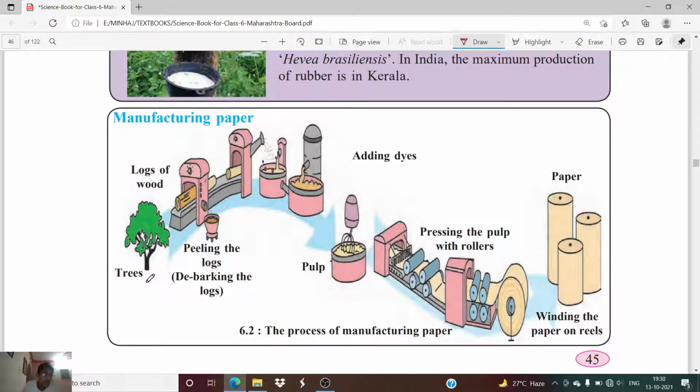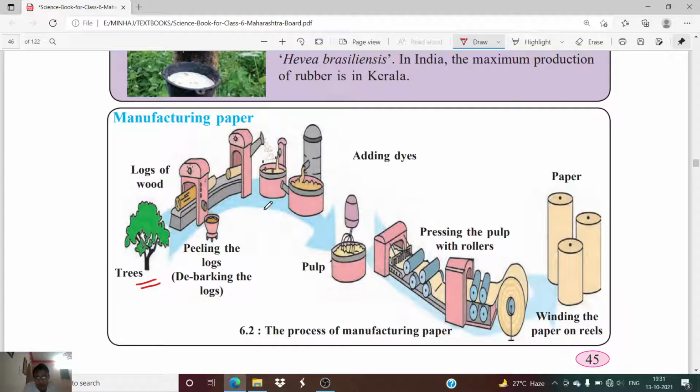So how it is made: first of all, from trees we take the wood, we remove the bark of the log, and then we cut the wood into small pieces. Then we mix those pieces with chemicals and leave them to soak. Then we remove the fibrous material from the pulp obtained after soaking, and we add dyes to that pulp.